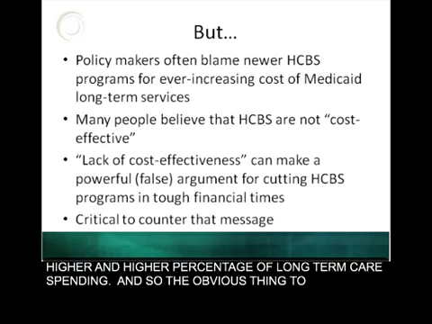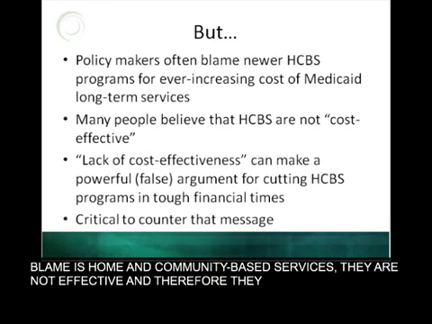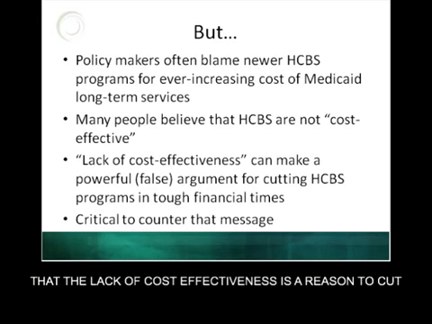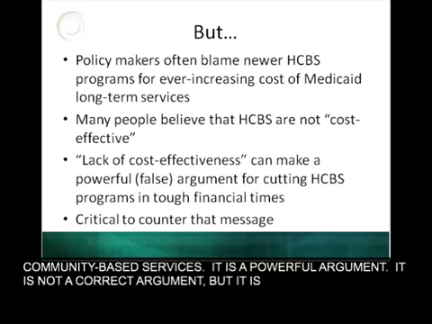And so, the obvious thing to blame is home and community-based services. They're not effective, and therefore home and community-based services are not, quote, cost-effective. That's what they say. And people who believe that argue that the lack of cost-effectiveness is a reason to cut home and community-based services. It's a powerful argument. It's not a correct argument, but it's a powerful one.